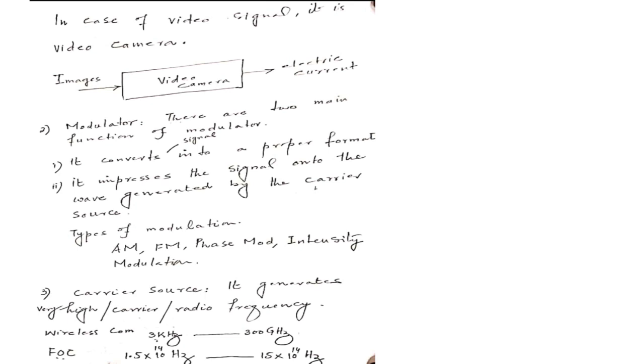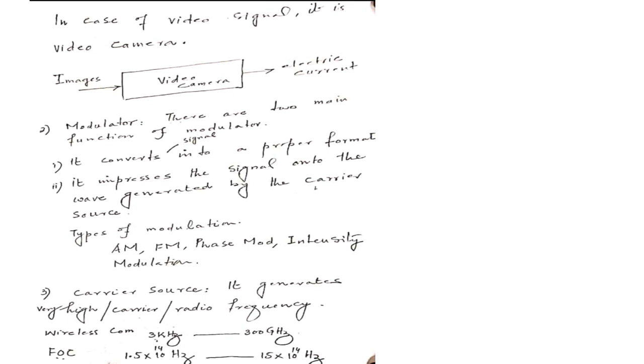So we can say that a modulator inside the transmitter modulates the electrical signal. And there are different types of modulation techniques: AM, that is known as amplitude modulation; FM, that is known as frequency modulation; and phase modulation.